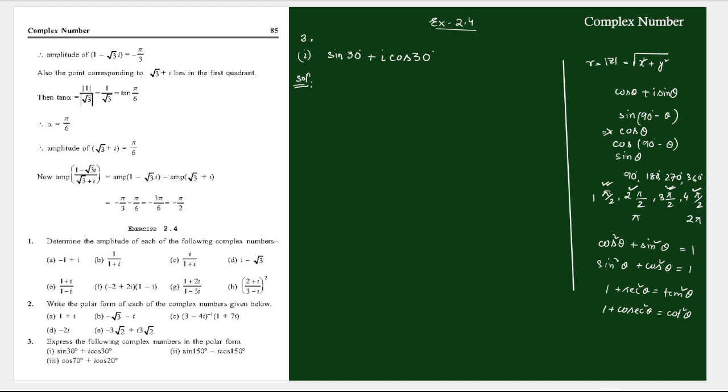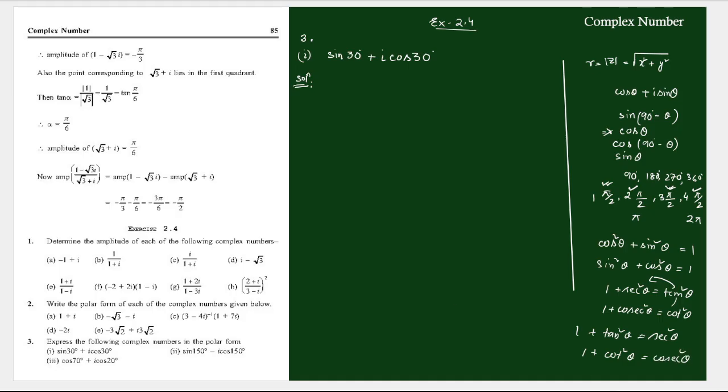Oh, I interchange them. This will come here. 1 plus tan square theta is sec square theta, and 1 plus cot square theta is cosec square theta.